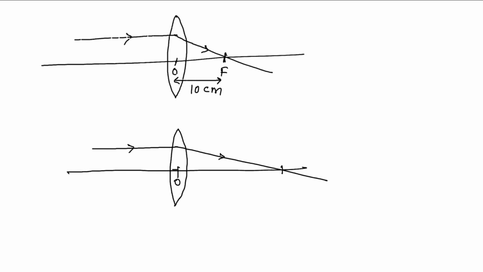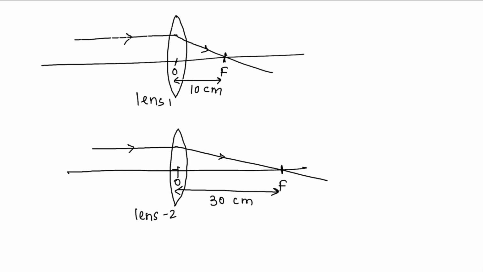But this time, you can see that in lens 2, the distance between optical center and focus is greater than in case of lens 1. Let us say in case 2, the distance between optical center and the focus is 30 centimeter. So in case 2, the focal length is more, in case 1, the focal length is less.